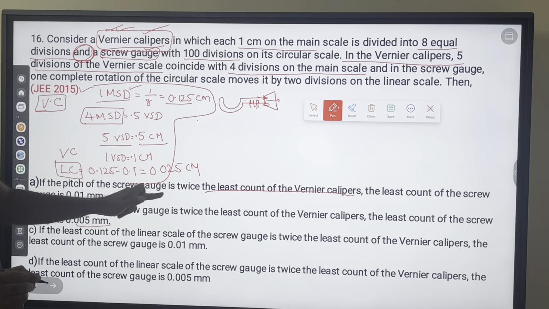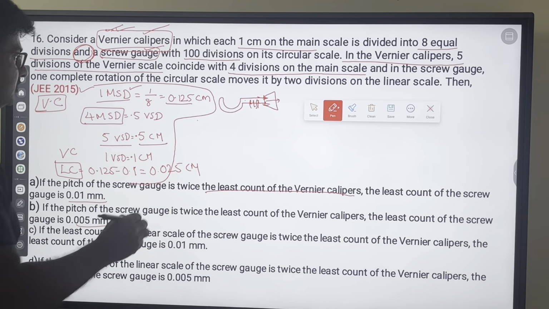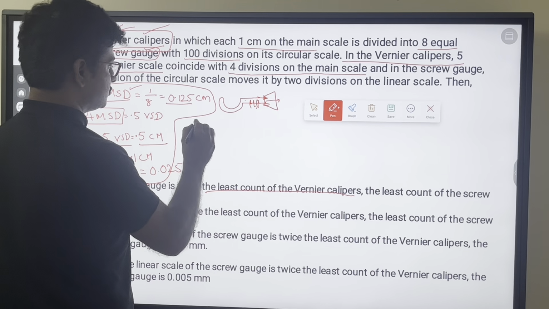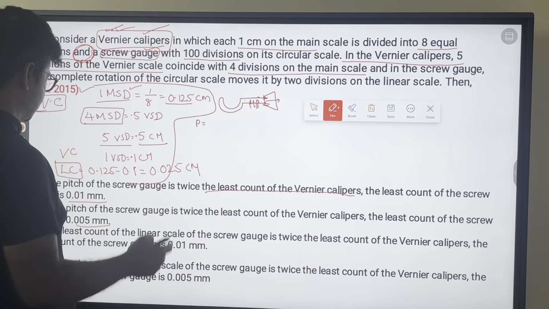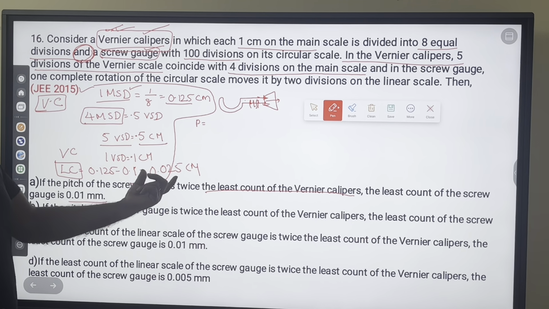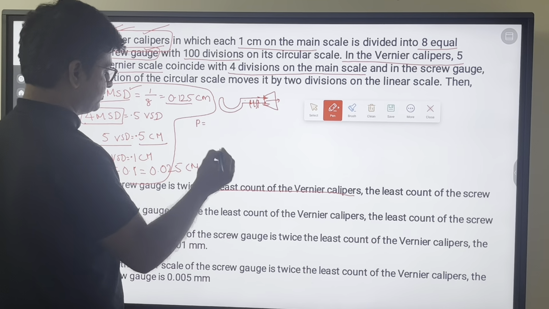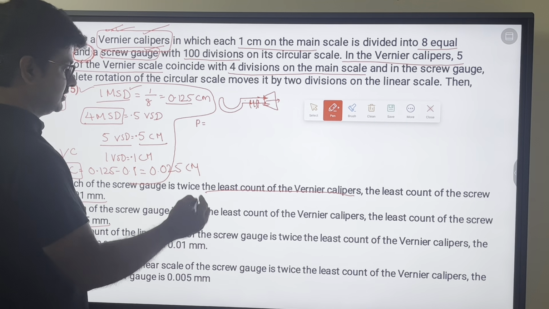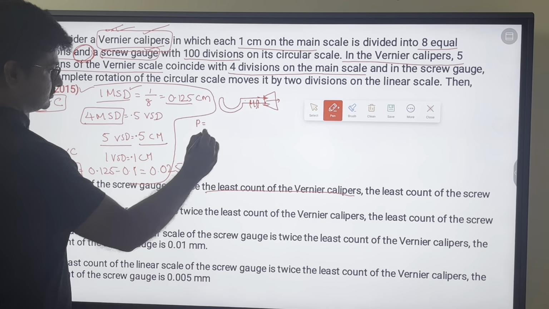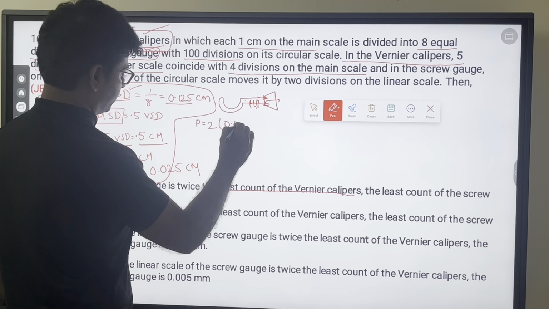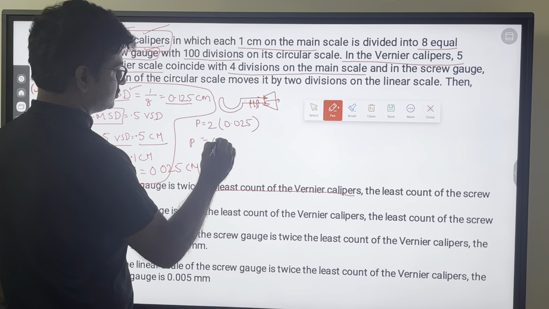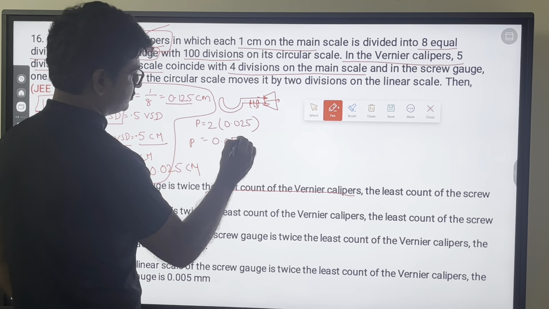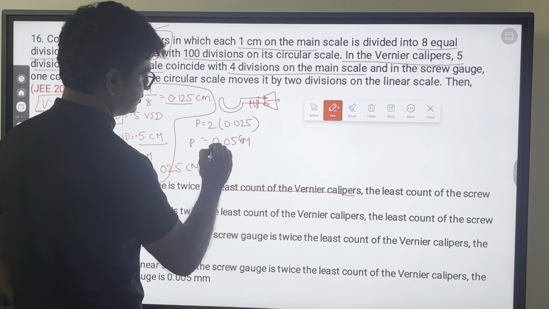Now pitch. The pitch of the screw gauge is twice the least count of the vernier calipers. What is the least count of the vernier calipers? 0.025. So twice the least count means 2 into 0.025, and the pitch is equal to 0.05 centimeters.